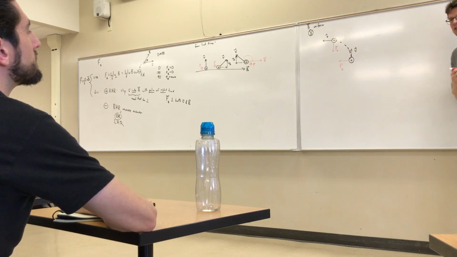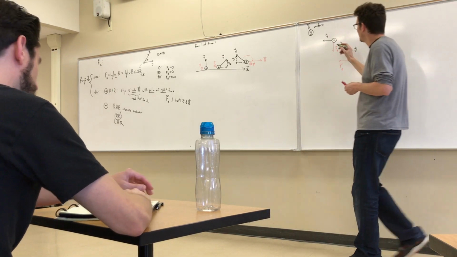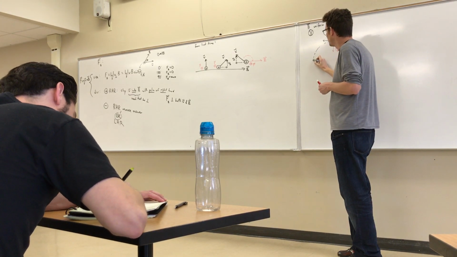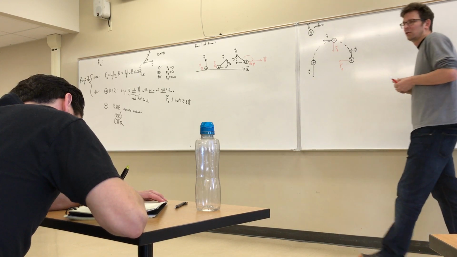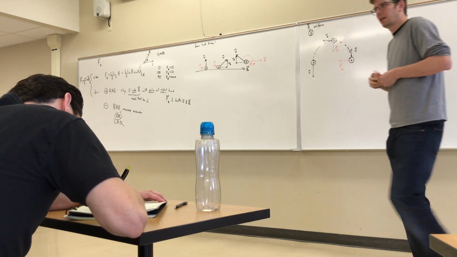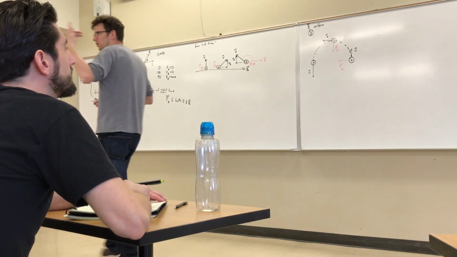So this thing will not continue to the left, it'll get pulled downward. You can probably see where I'm going with this. What is the shape of this going to look like? Projectile motion. Circle. Circle, that's it.